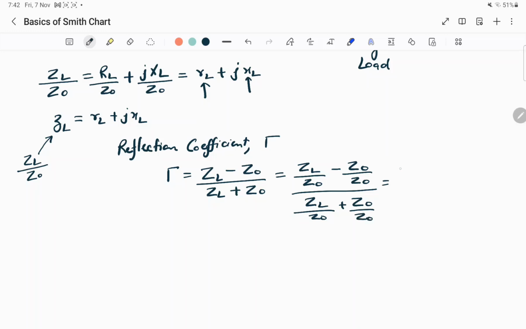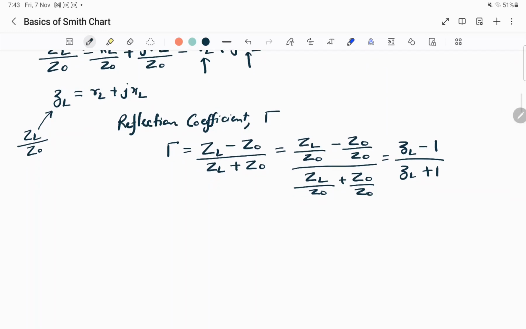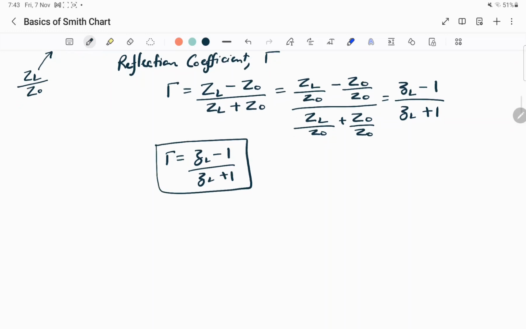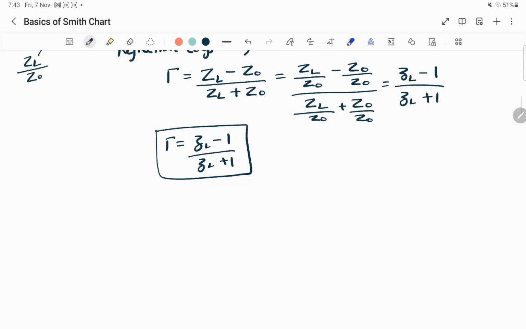So what you will get? You will get small zL minus 1 divided by small zL plus 1. Okay. Now this formula I am going to use in just a minute of time. So I am writing it inside a box.